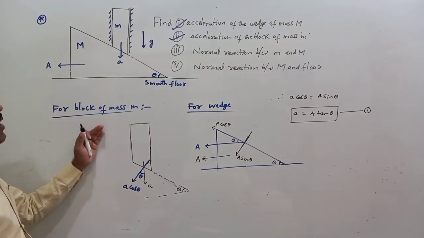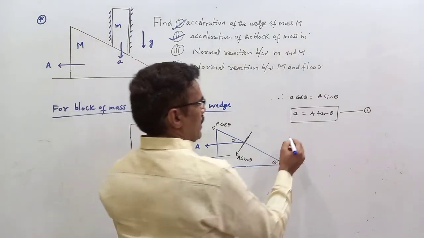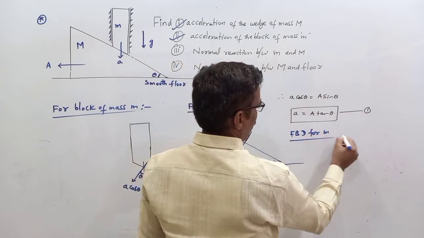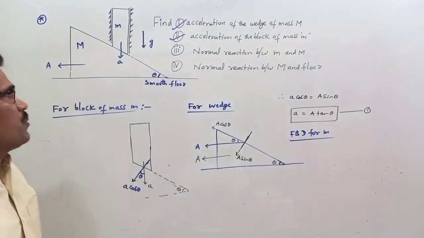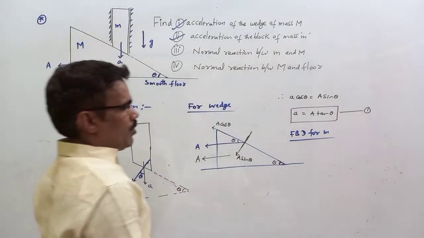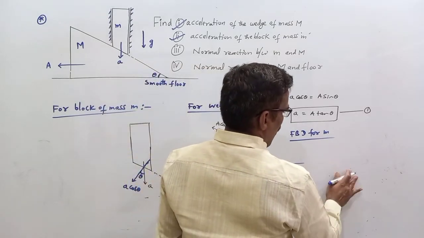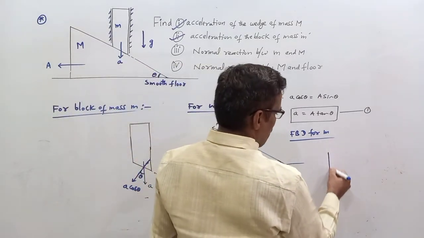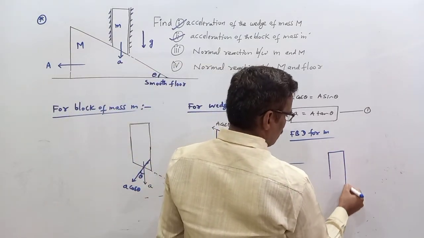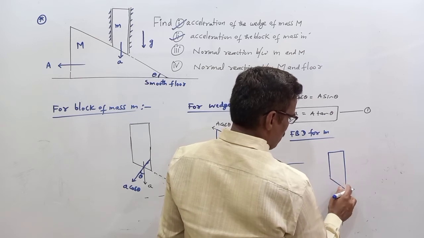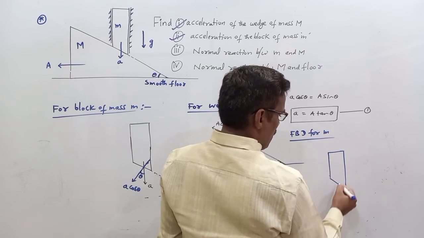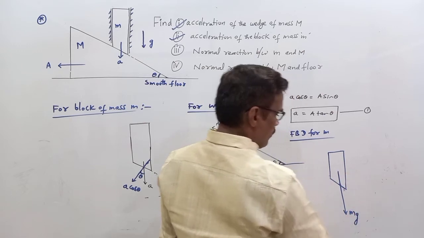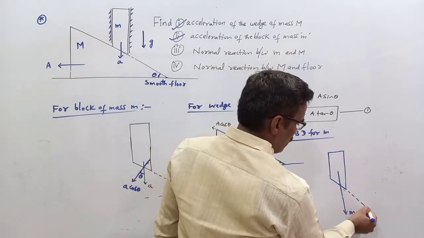Next, the free body diagram for small m and capital M. FBD for small m: here small m is considered a point mass, so all forces are shown at that point. Listen, this is the wedge now, and here is the block. Your weight is acting vertically downward.